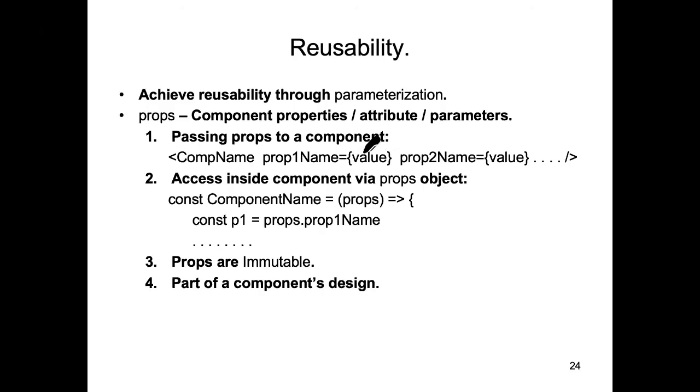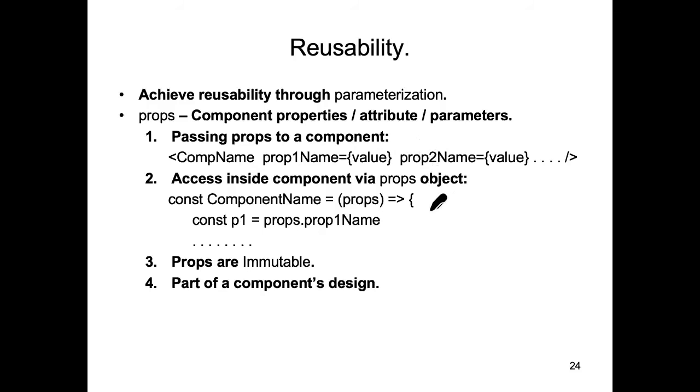But even if it's just a static value, you still have to wrap it in curly braces. And whatever other properties that you want to. So again, this is actually part of the design process of a component, deciding what properties this component should have that will benefit us in terms of its reusability. So that's how you pass props or properties in.